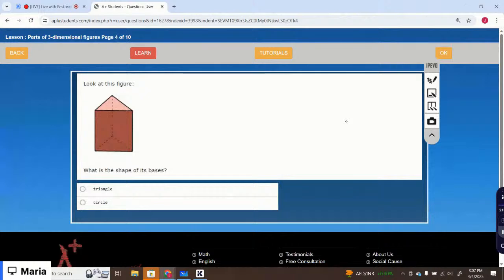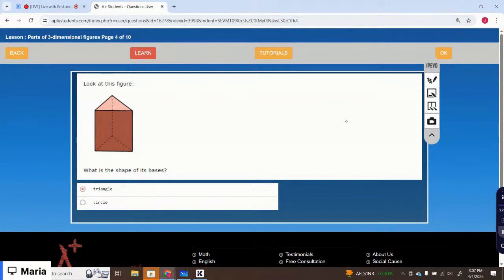Look at the figure. What is the shape of the bases? The base is a triangle.